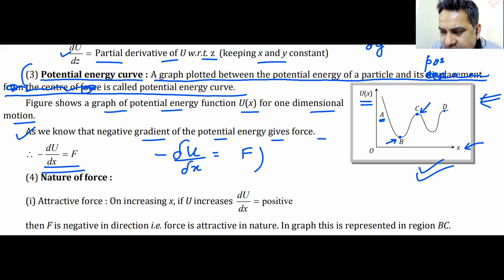This is the potential energy curve for energy versus position x. Note this down. We will be discussing the other points in the next class because we'll have to finish the entire set of points in that class. If I do one part here and the other part in the next class, it will be of no use. So just note this down and I'll give you a small task. If you can do it at home, that would be an added advantage.